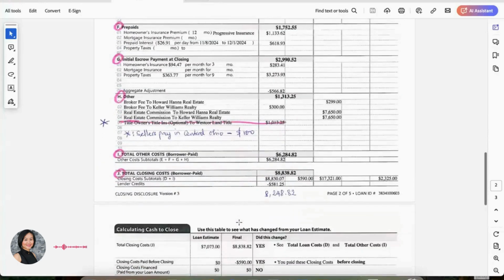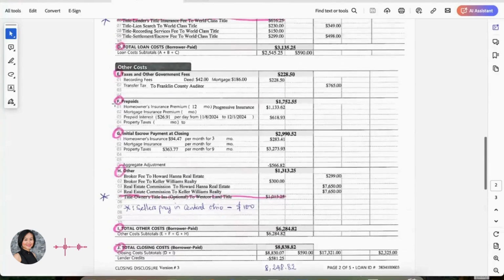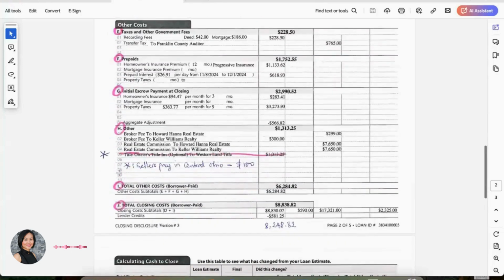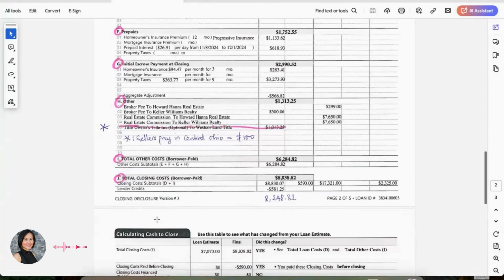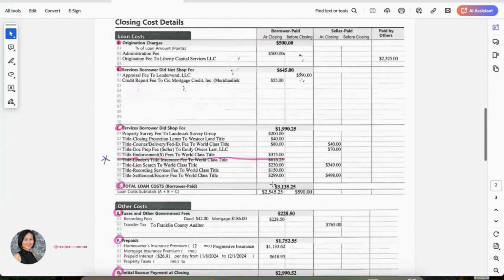Okay. So anyway, we're going to have total EFGH. So the total number is 6284. And the total closing cost is going to be the subtotal of the D and the I. The D is on here.